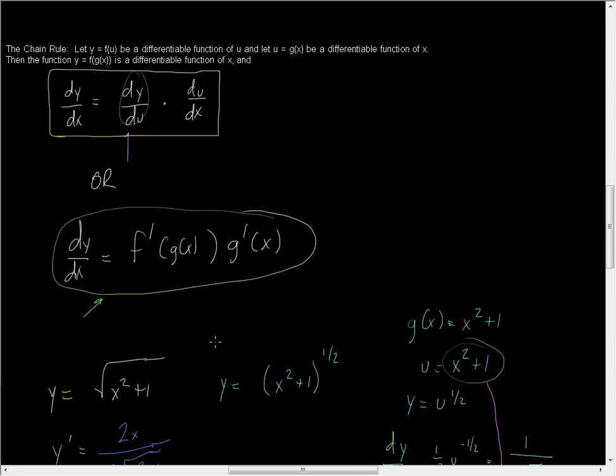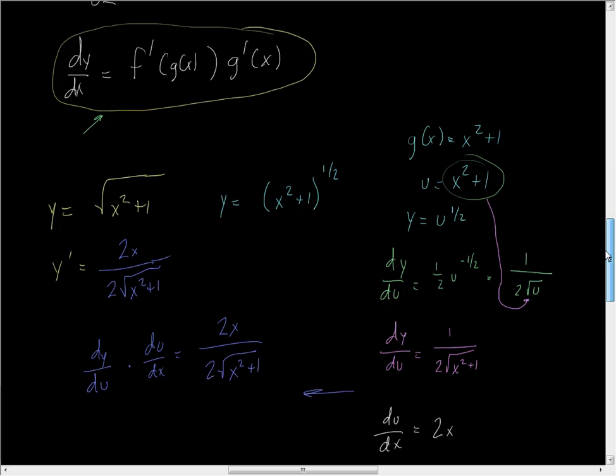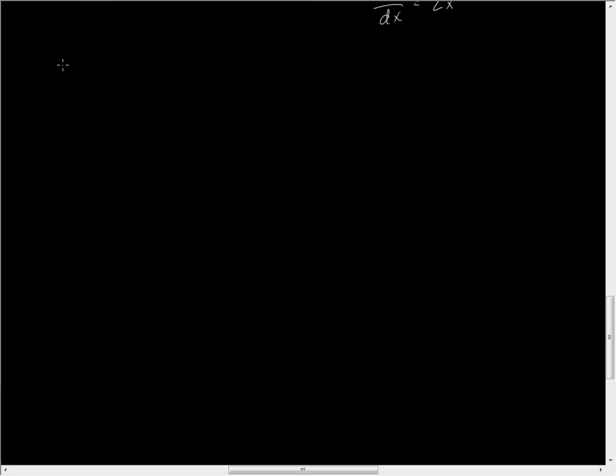So let me go ahead and repeat this down here, where I've got y prime is equal to f prime of g of x times g prime of x. Recall that y is equal to the square root of x squared plus 1.